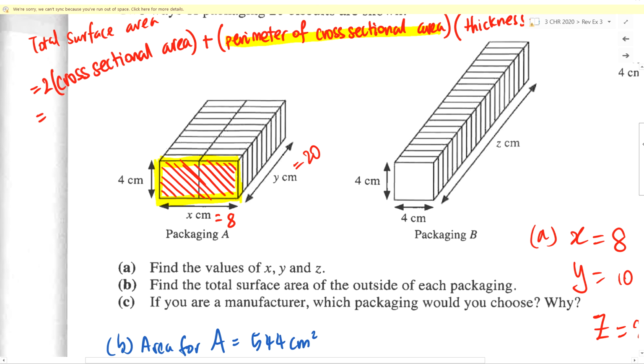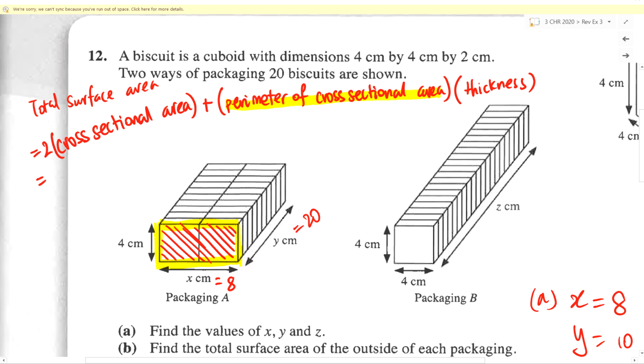Okay, we're going to be using that later on. So now I want to find the total surface area for packaging B. It is going to be the same formula.